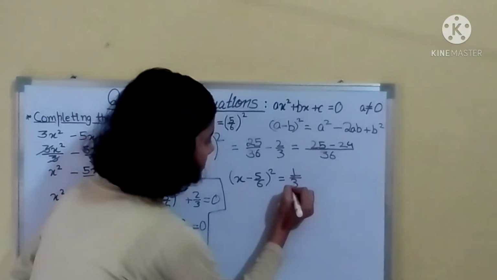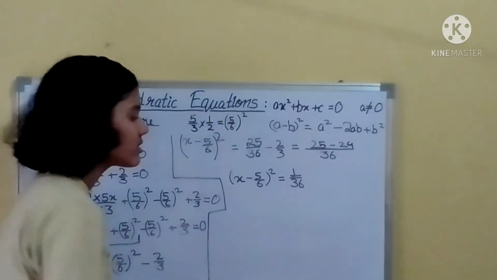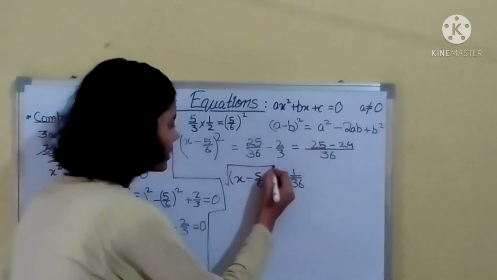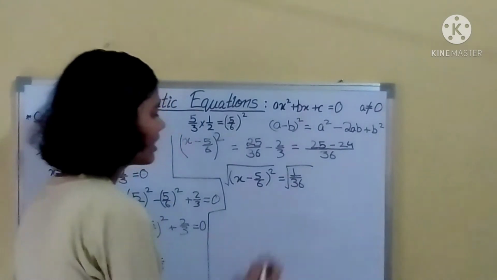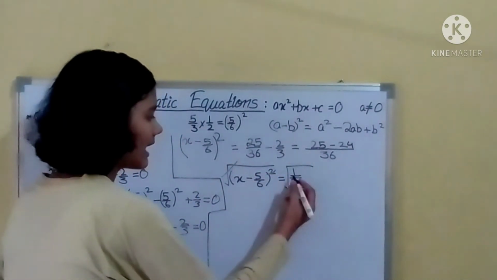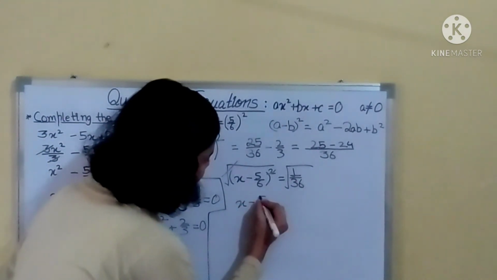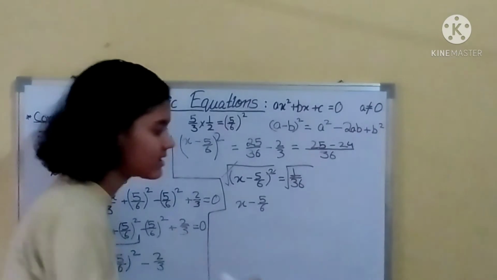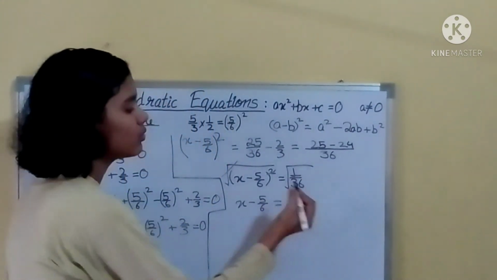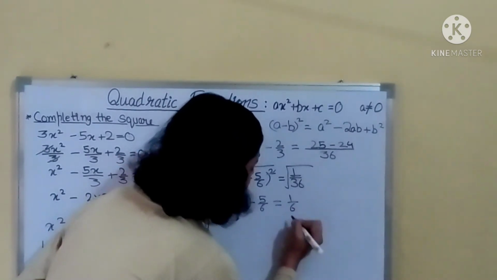So 1 upon 36. Now we have to remove this square, so we will put the root on both sides. This square and this root will cancel out, and this will become x minus 5 by 6, and root of 1 by 36 is 1 upon 6.